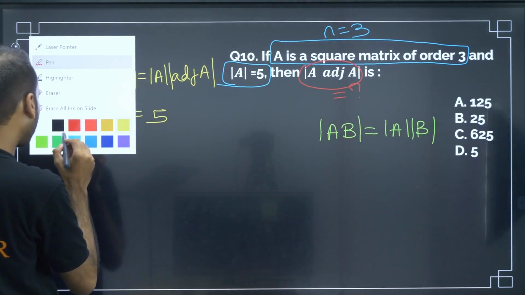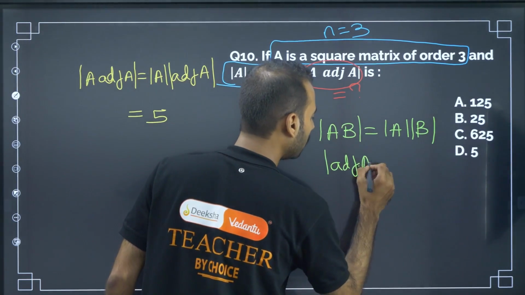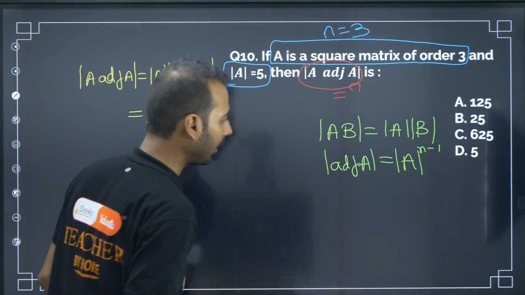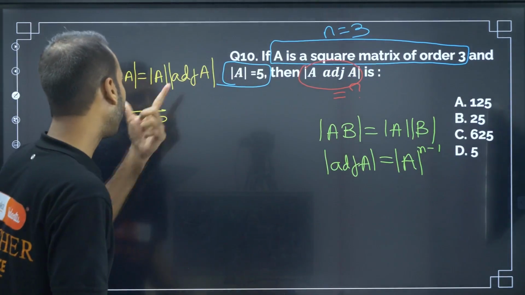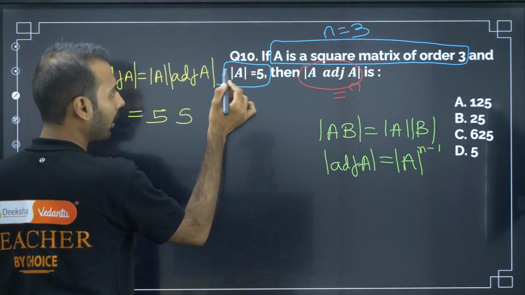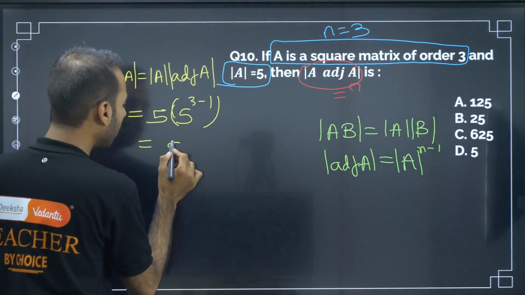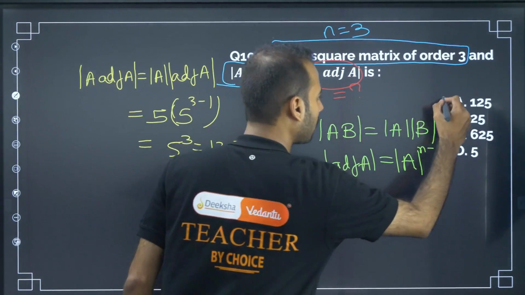What about determinant of adjoint of A? Again, one more property, determinant of adjoint of A is equal to determinant of A to the power n minus 1. Remember this property. Now for adjoint of A, I will write 5 to the power 3 minus 1. So, 5 squared is equal to 25, and 5 times 25 is equal to 125. Is there any such option 125? Yes, A is the answer for this.